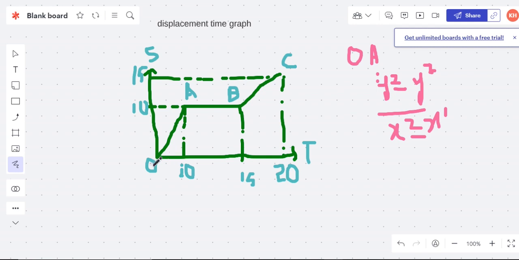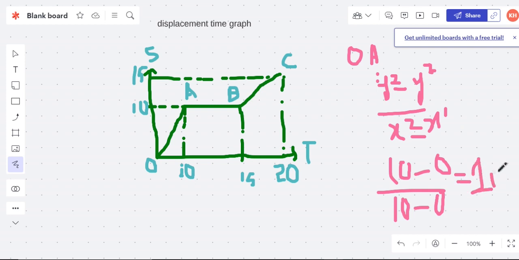Considering O and A, y2 is 10 but y1 is 0. And x2 is, again, 10. So the slope of OA is 1, which represents that it is increasing. The slope of OA is positive in nature.